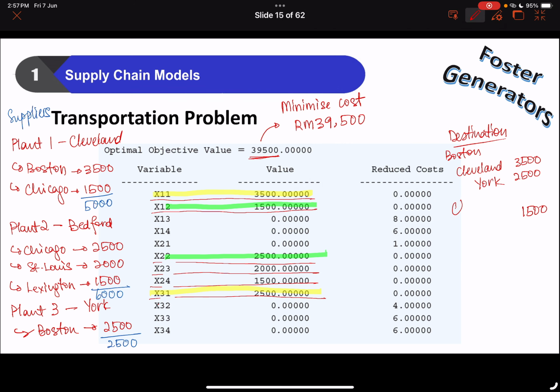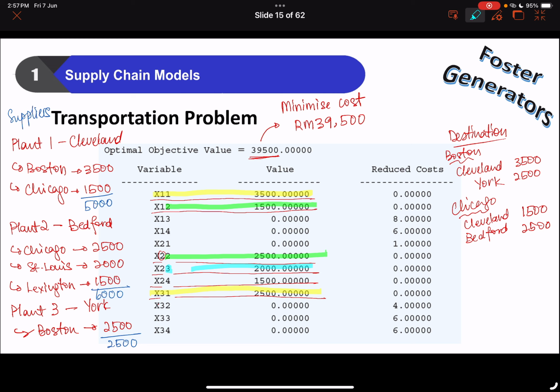So this is Chicago. Chicago received from Cleveland 1,500, and then from origin 2, which is Bedford, 2,500.